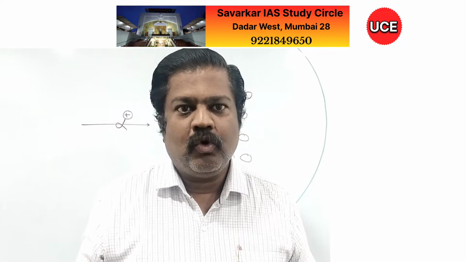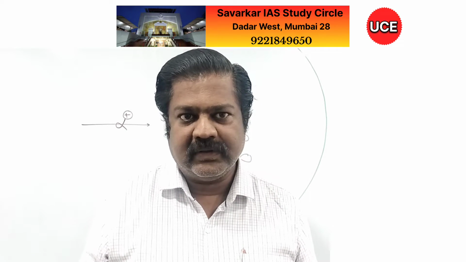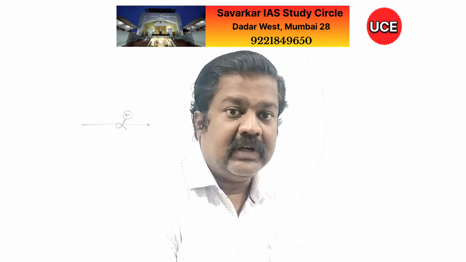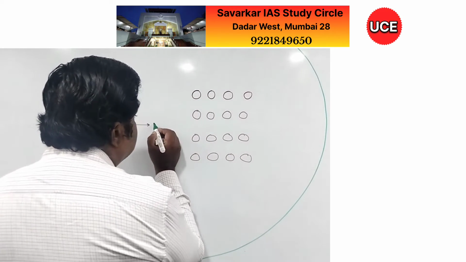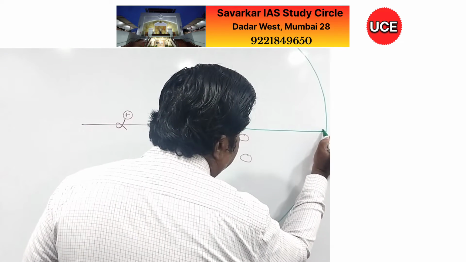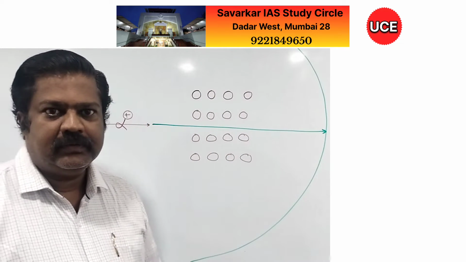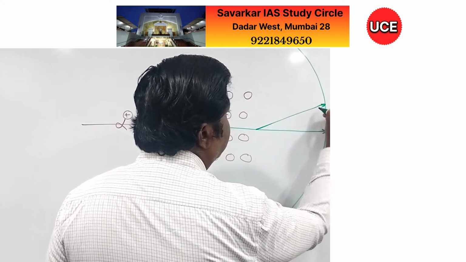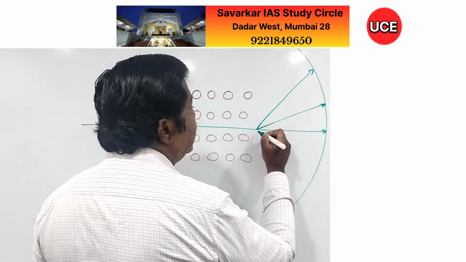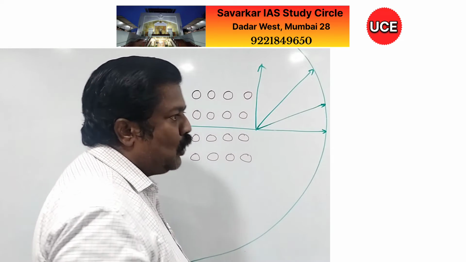What was the expected thing? That the gold foil should stop alpha particles. But what result did he obtain? A strange result. Maximum alpha particles traveled in a straight line, but a few alpha particles got deflected by angles of 30 degree, 60 degree, 90 degree, and so on.